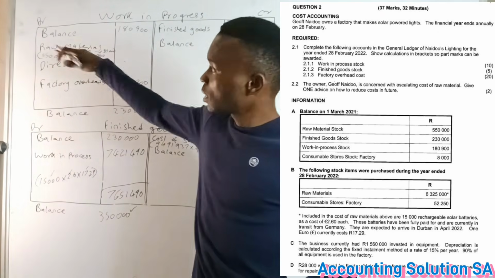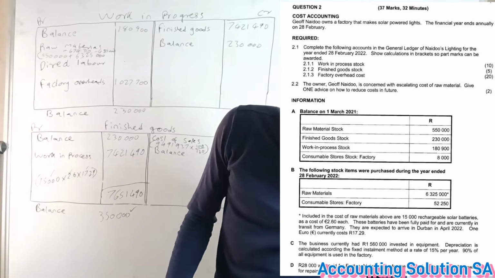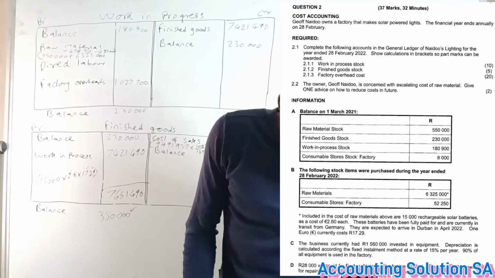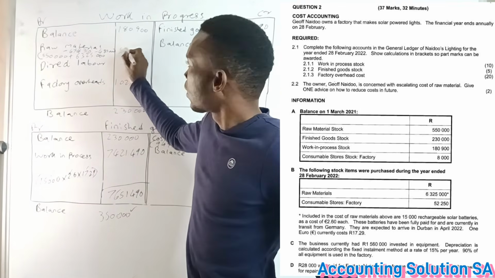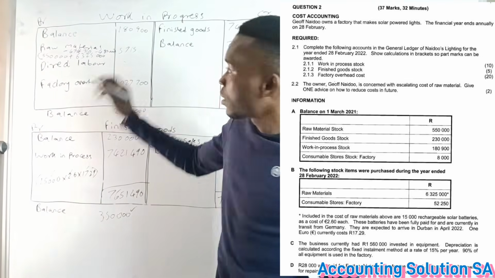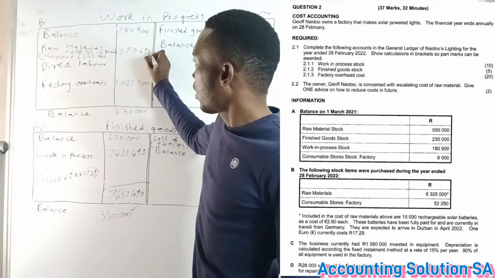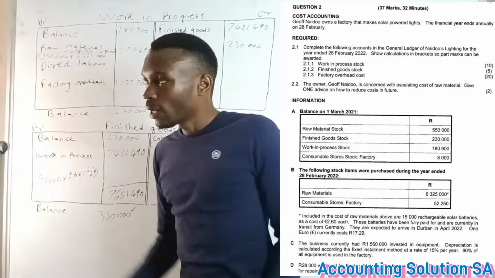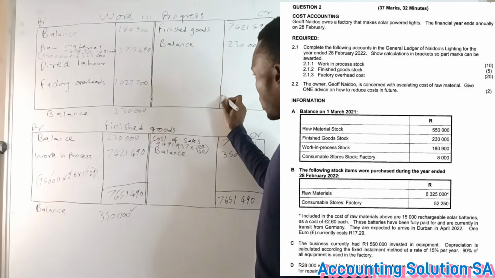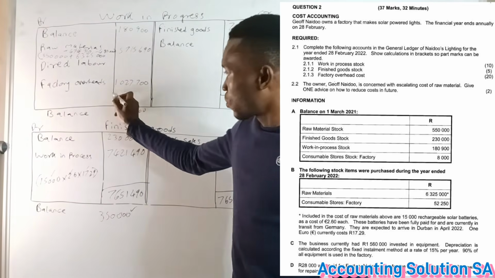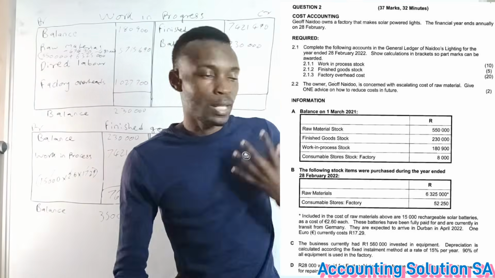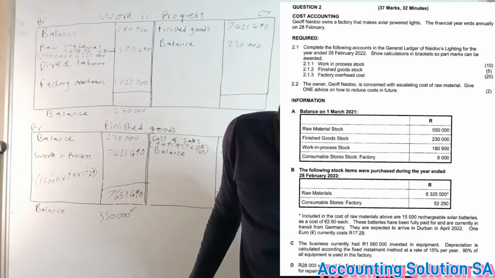If you calculate this total, you are going to get an amount of 5,715,690. Now because we are done with raw material, we have to get a total this side and we transfer it to this side, and then the direct labor, we're going to get it as a balancing figure.